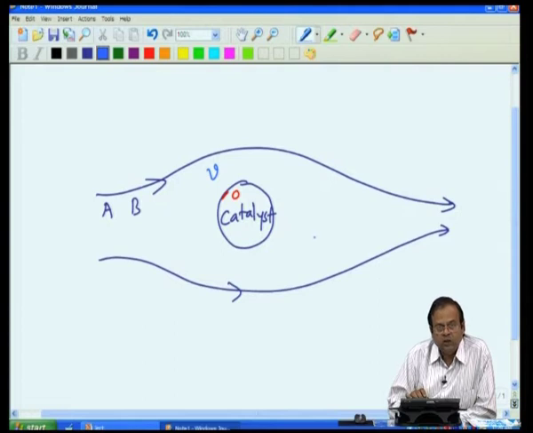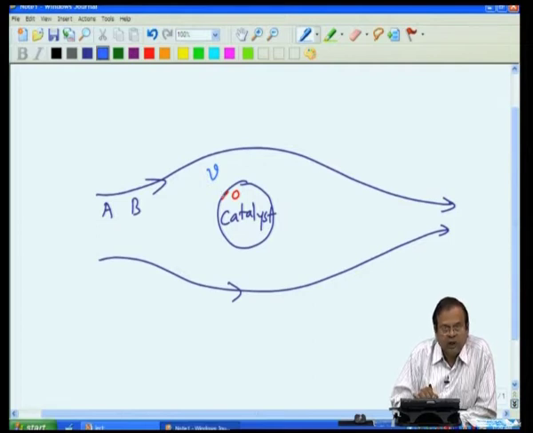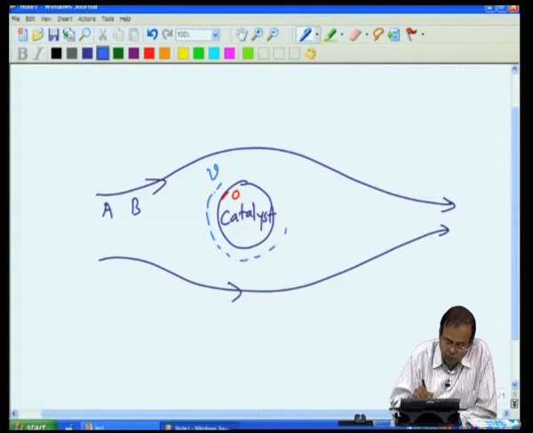So, there is a transition of velocity from the bulk to the surface, and we say that the hydrodynamic boundary layer is a layer where this velocity is 99% of the bulk velocity.